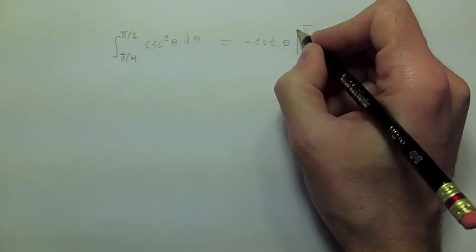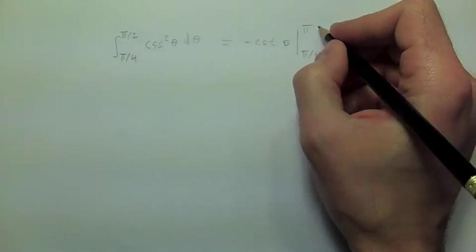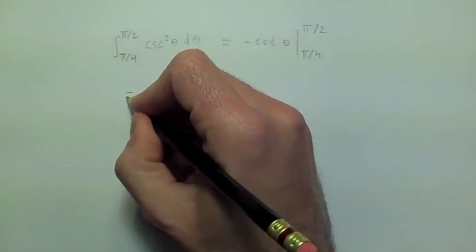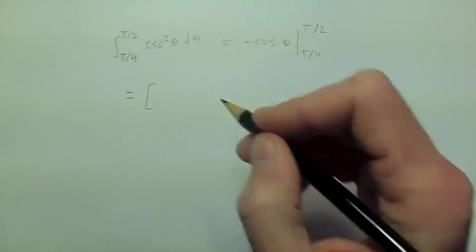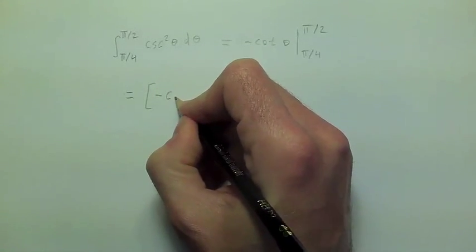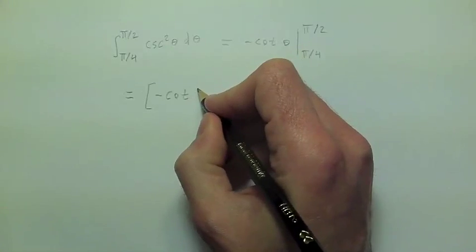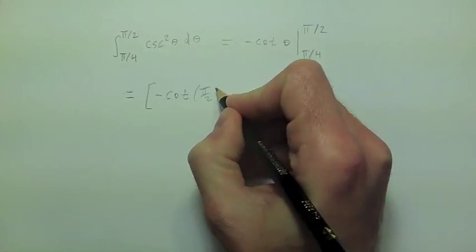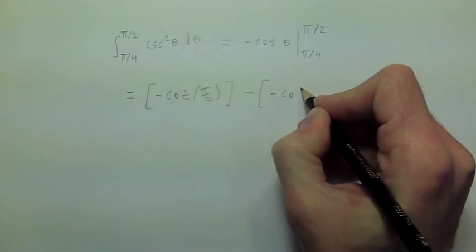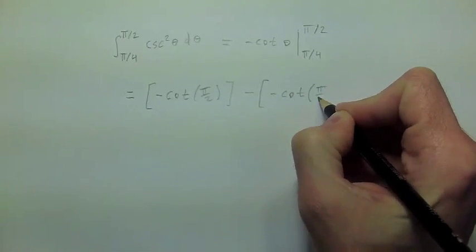Okay, so we're going to do negative cotangent theta from pi over 4 to pi over 2. So this is going to be, I'm going to put this in brackets just to make sure we get this right. This is negative cotangent of pi over 2, okay, minus a negative cotangent of pi over 4.